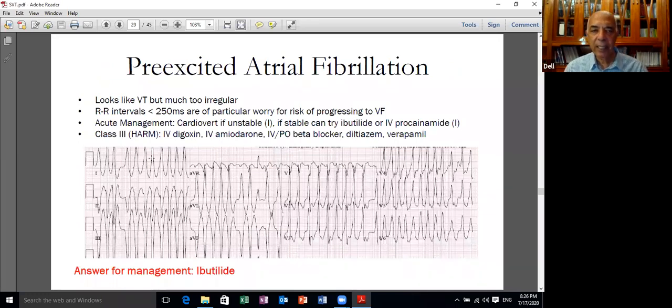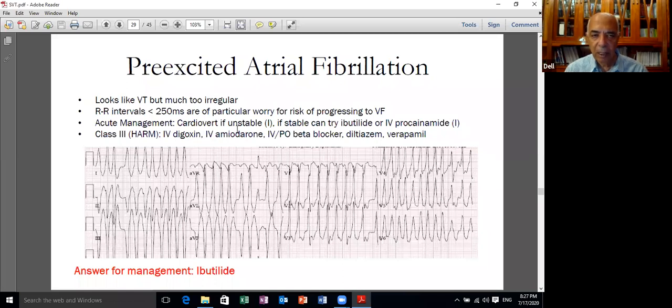So pre-excited atrial fibrillation looks like ventricular tachycardia, but it's too irregular. If the shortest RR interval is less than 250 milliseconds, then you worry, because these are the patients who activate the ventricle very rapidly and develop ventricular fibrillation and death.